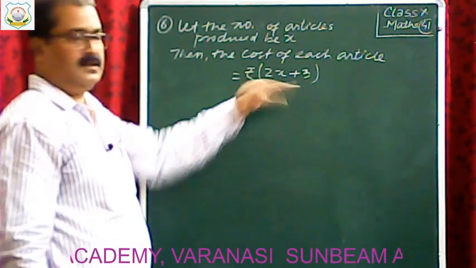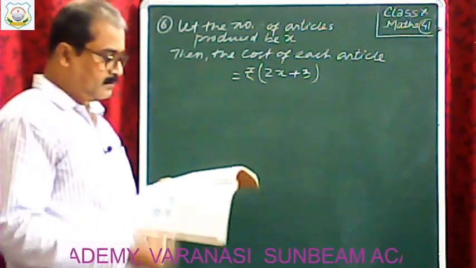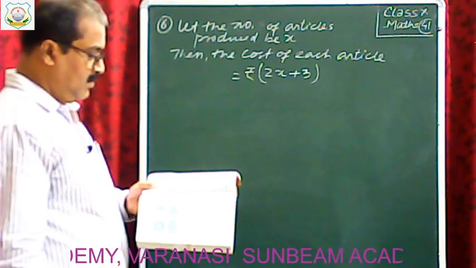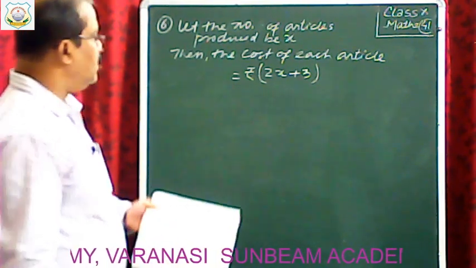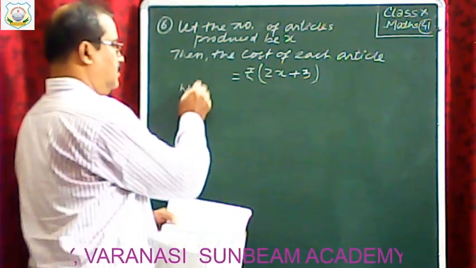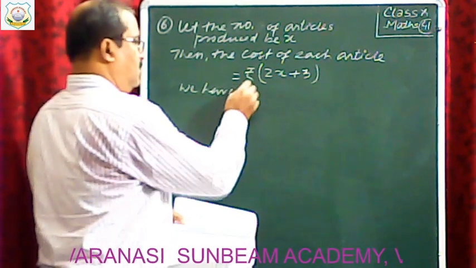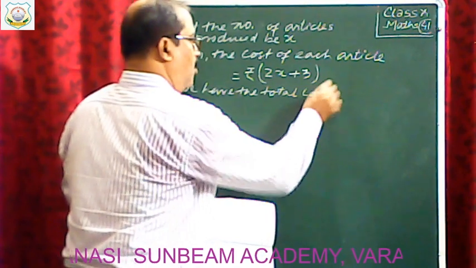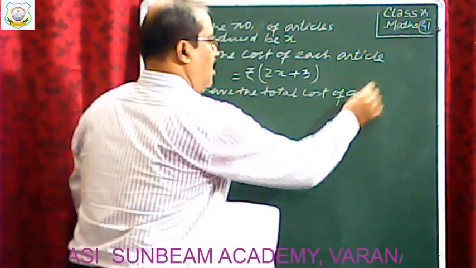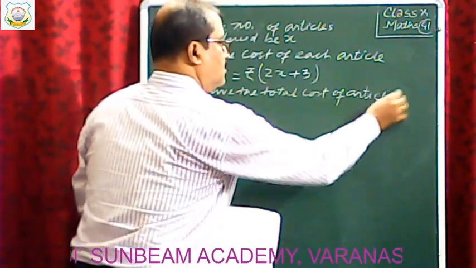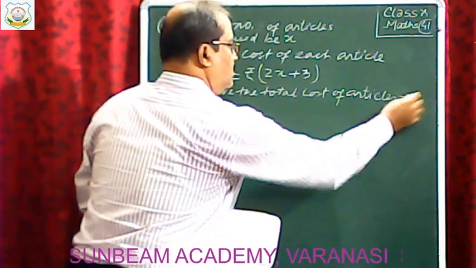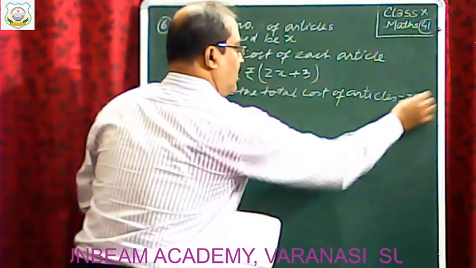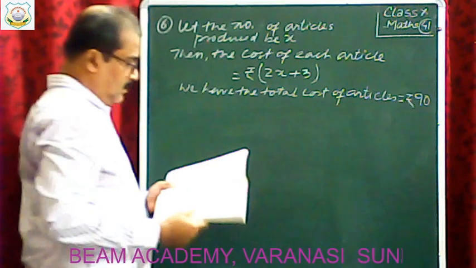That's why you have to add 3. Then we get cost of each article and total cost. We have the total cost of articles equal to rupees 90.